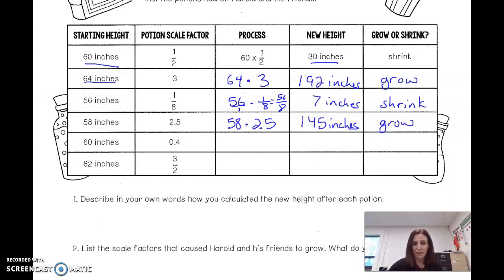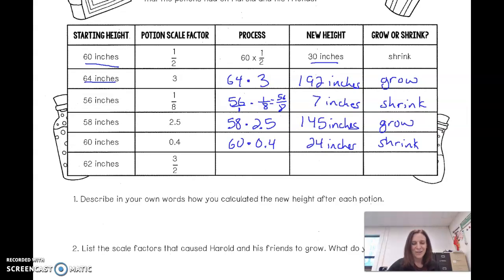Again, another decimal here. 60 times 0.4. Multiply that together, you get 24. And again, it's not like I know this stuff in my head. I've done it previously with a calculator. Now, if this person was 60 inches and now they're 24 inches, we say shrink. Kind of hoping they have a spell where they can undo this, right?